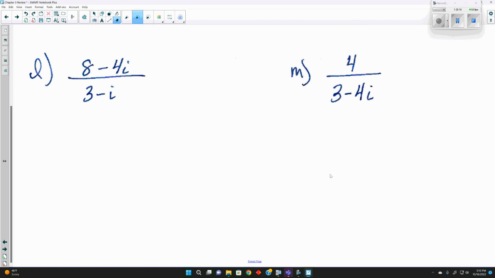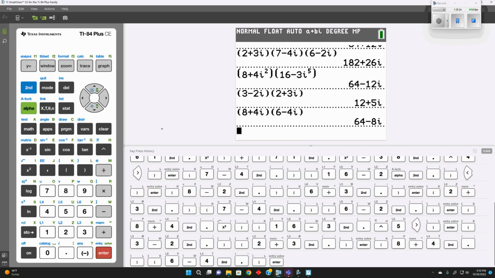All right, let's look at these two here with division. Now we can still do these in the calculator, except we do have to type them in a little differently. We have to write it as division first, and then turn it back into a fraction. So for this first one, we have to do parentheses, the numerator divided by the denominator.